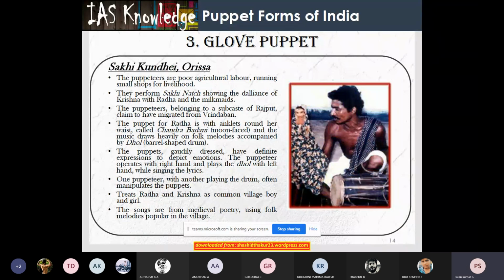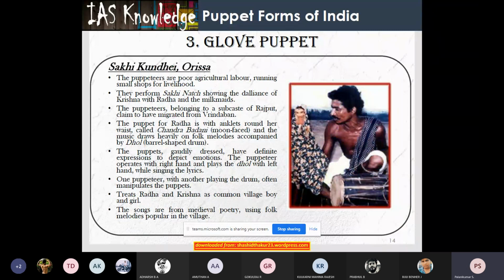And in Orissa it is called Sakhi Kundhei, and they also do this, but they especially use puppets that are gaudily dressed with definite expressions to depict emotions, communicated with Odissi music and all. The songs are from the medieval poet using folk melodies, popular only in the villages. This is also a very old one.